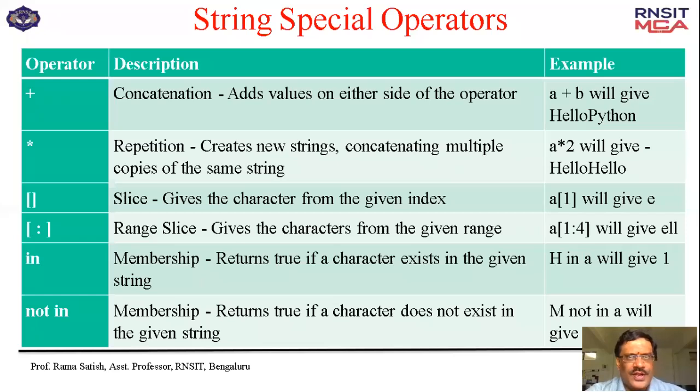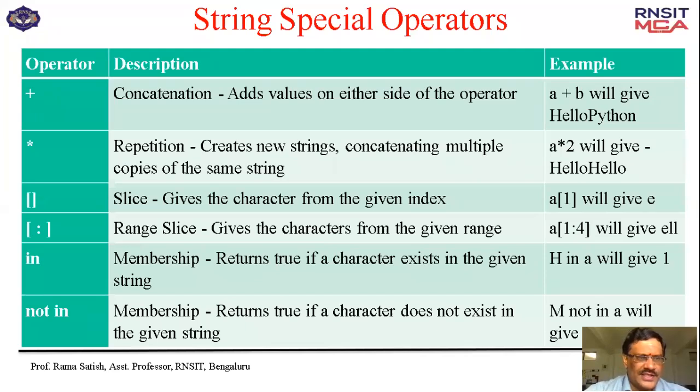Coming on to string operators, we have already discussed the plus operator. During arithmetic operators, we discussed that the plus operator works not only with numbers but also with strings, for concatenation. In the same way, the repetition operator, star multiplication, works with integers, and if an integer and a string are written together with the star operator, it gives repetition.